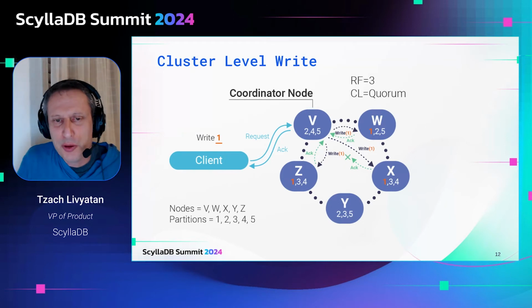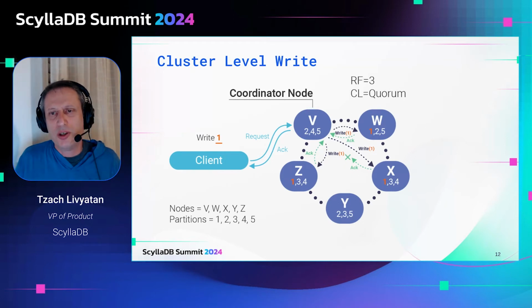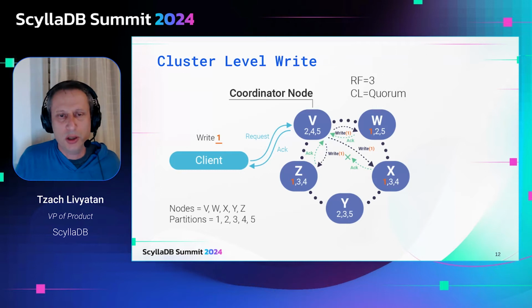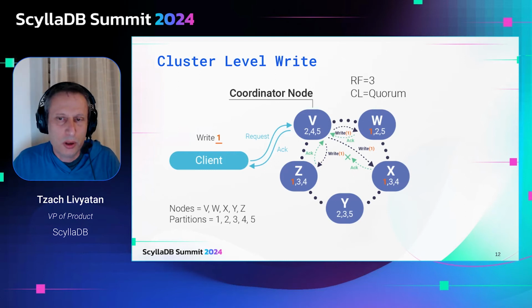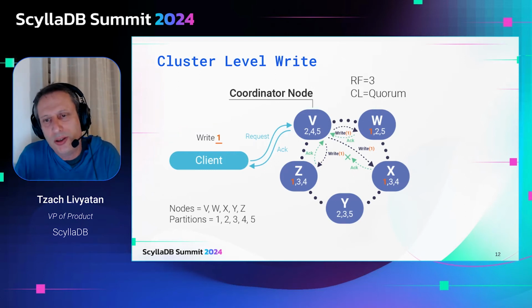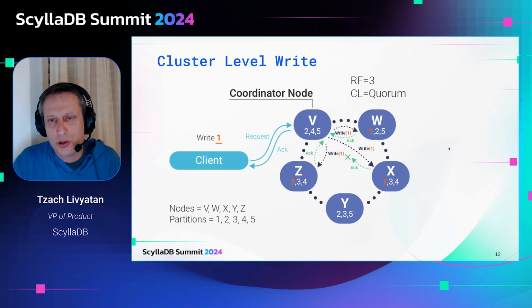Okay, some of you guessed it right. Since the consistency level was set by the client to quorum, the coordinator only waits for 2 ACKs, 2 out of 3 is a quorum, before sending a response back to the client. At this point, the client got a success, but it's not exactly clear if node X was updated or not. In this example, the ACK message failed to get to the coordinator, but it could be that X actually didn't get the message, and X was down or didn't get the write request.